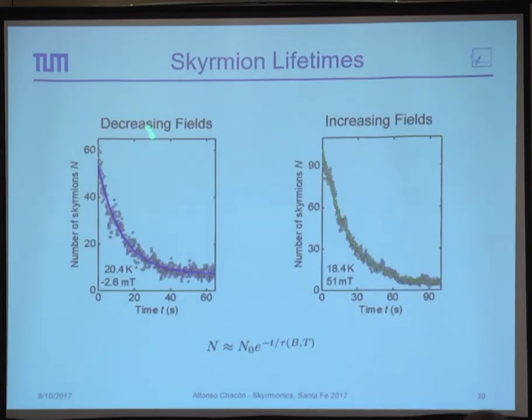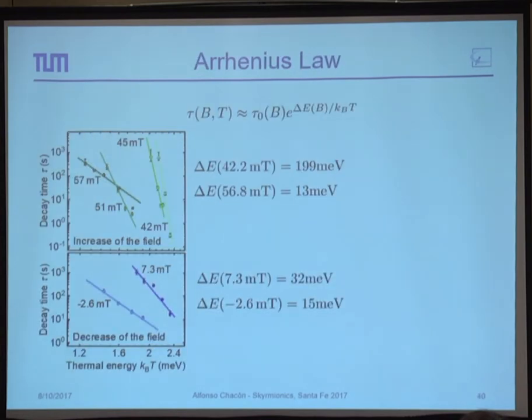So going back to the decay of those two situations, when we decrease the field, we're able to fit that with just a normal exponential fit. We then obtain certain lifetimes as a function of the inverse thermal energy, and those can be fit to an Arrhenius law as well.